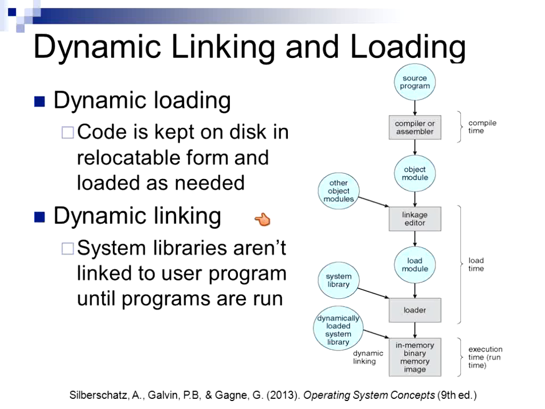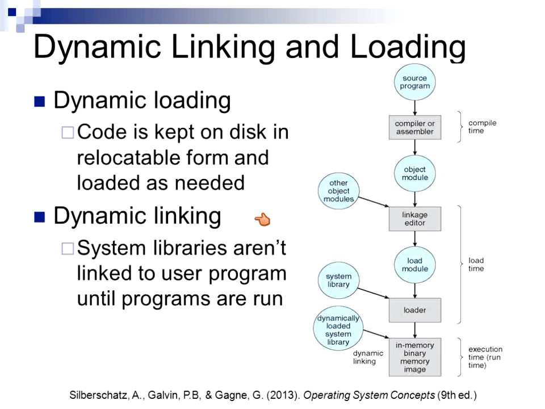So linking is postponed until execution time, and what happens in your code is that there's just a little stub that is used to locate the actual system routine. So what gets linked in is this stub, and then when you get into running your code, if it gets to that stub because the code hasn't been loaded, it will then link and load that system code into your address space.